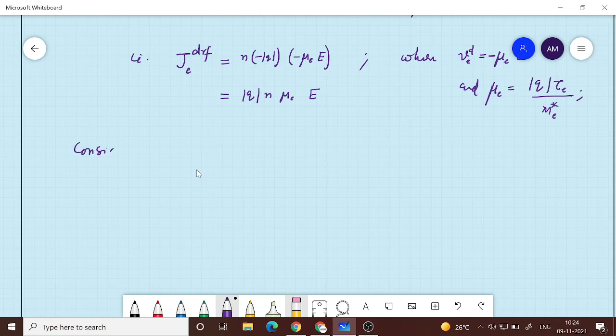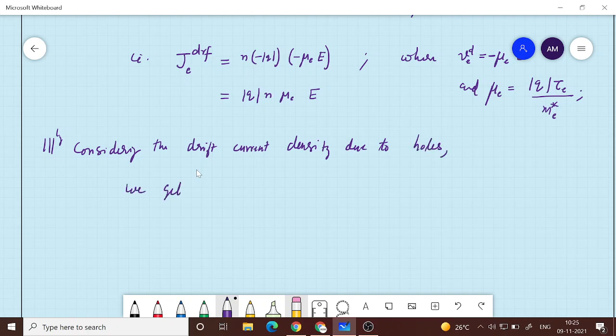So similarly, considering the drift current density due to holes, we get J, instead of electrons I have holes.